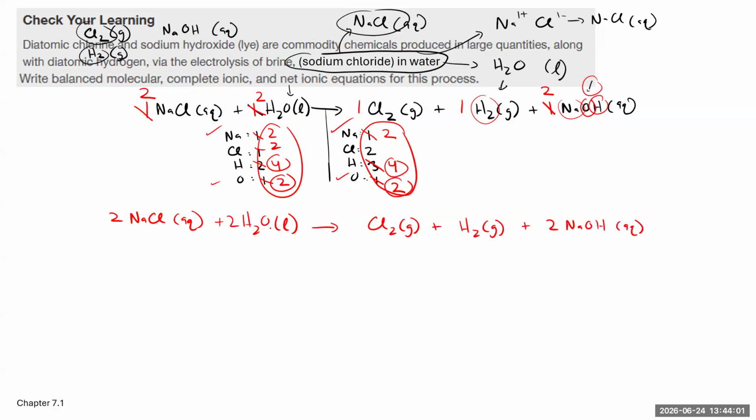All right. We break apart only the aqueous things. Aqueous and aqueous ionic things. Not just any aqueous things, aqueous ionic things. 2Na1 plus aqueous plus 2Cl1 minus aqueous.